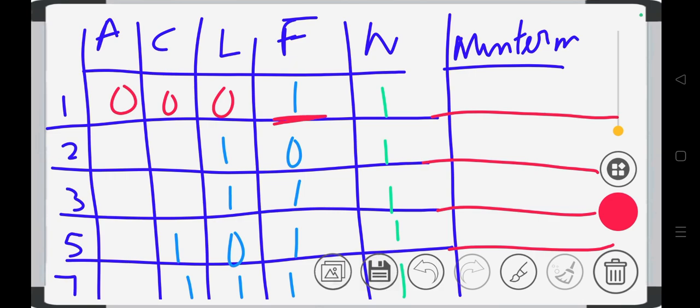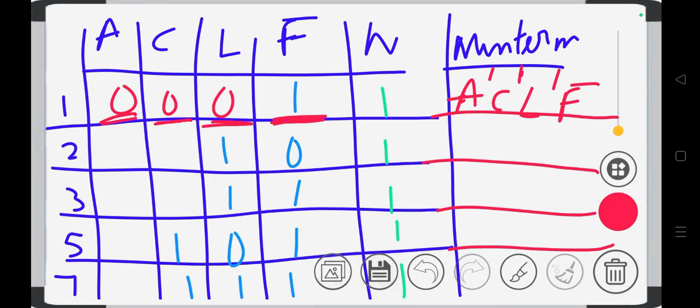So what we will do is, as I said, x normally is 1, so as this is 0, it cannot be a, it has to be a's complement. As c is 0, it cannot be c, it has to be c's complement. And as this is 0, it cannot be l, it has to be l's complement. And as this is 1, it can directly be f, because this is the default value.